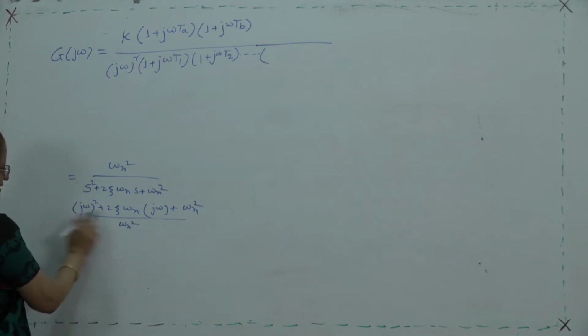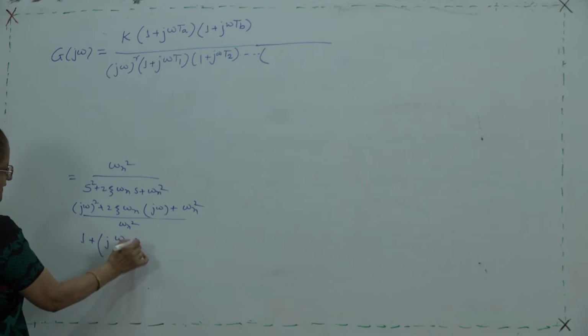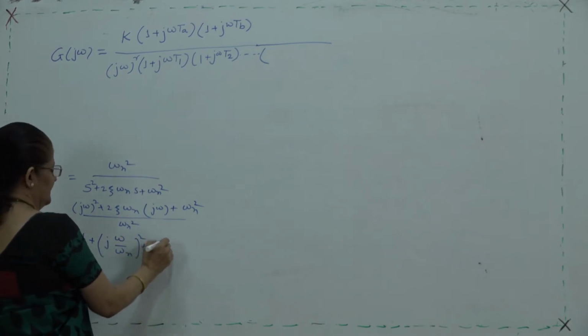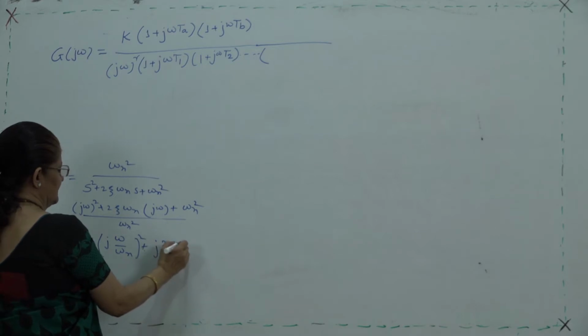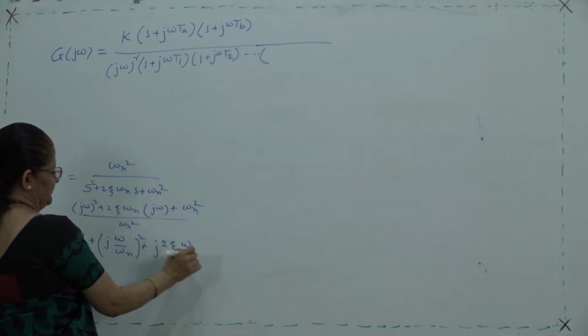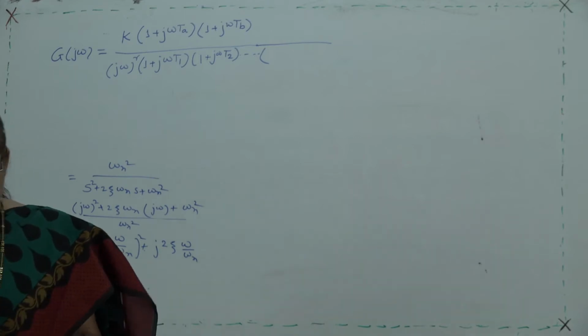We can represent this term as 1 plus (j omega upon omega n) square plus j twice zeta omega upon omega n. Check that. So, we are getting the complex term like this.